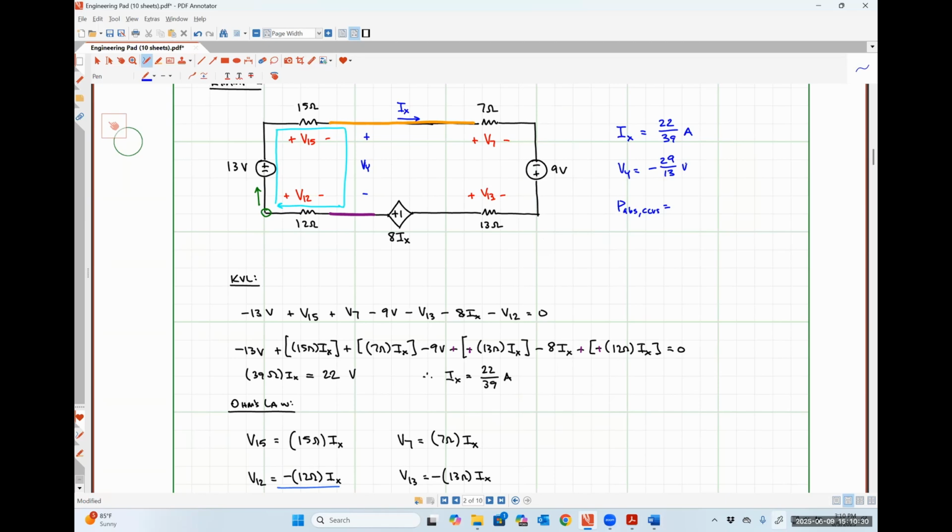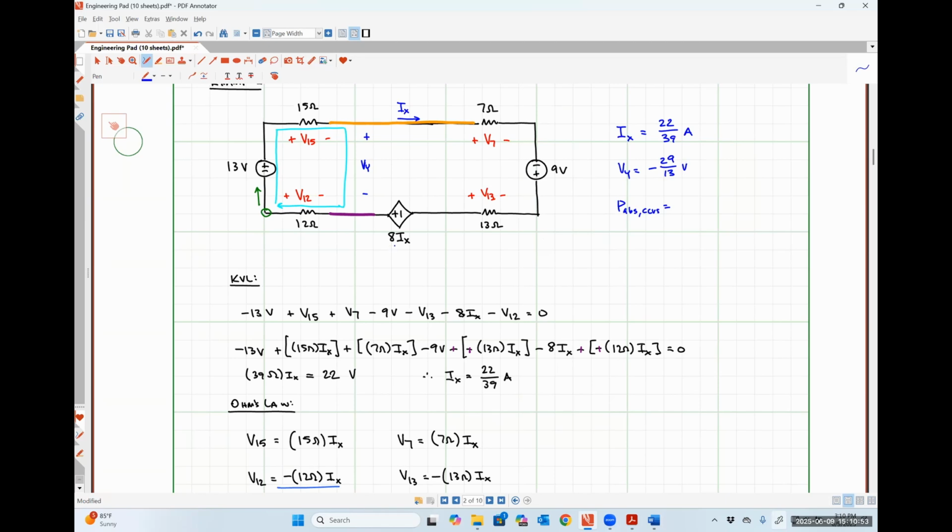Which dependent source? There's only one dependent source. It's the 8ix source. Oh, right. So it would be Ix times that 13 ohms.